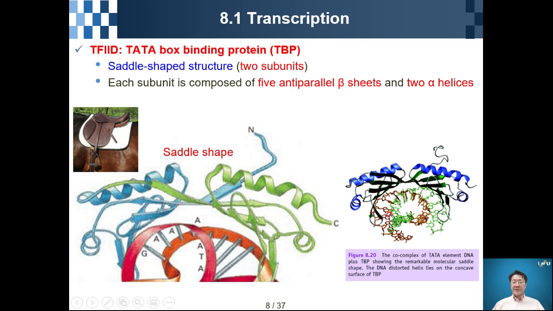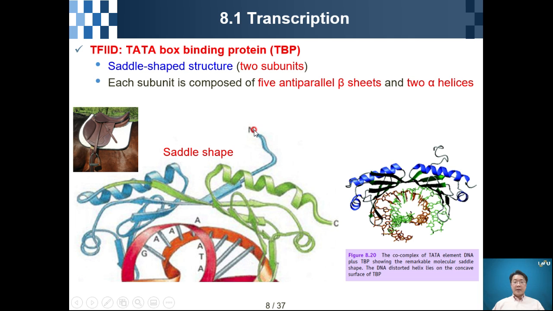This is the DNA structure, and this is the TF2D, or TATA box binding protein structure. You see the structure looks like a saddle-shaped structure. So this is a horse, and the above one is a saddle. Their structure looks like a saddle-shaped structure.